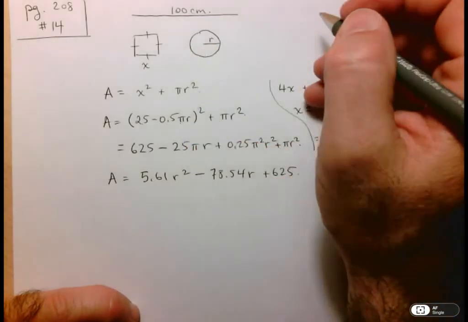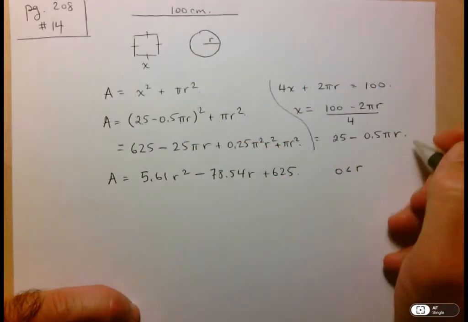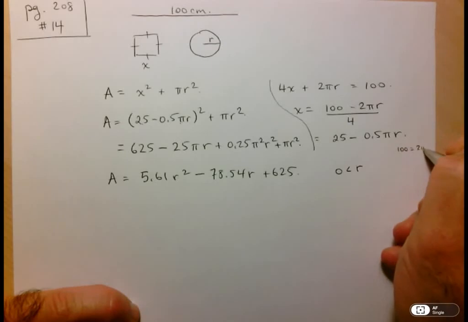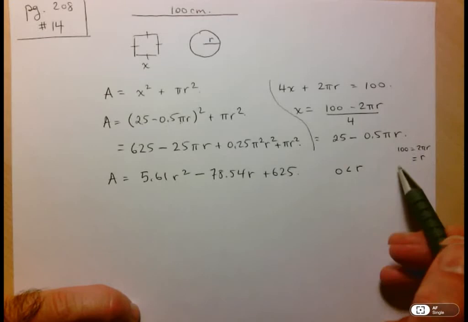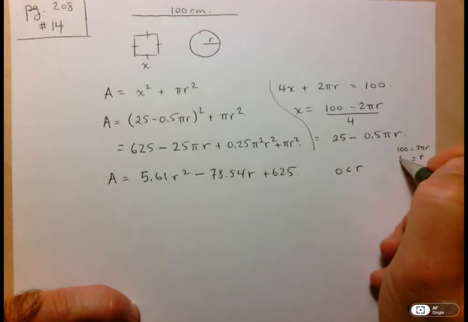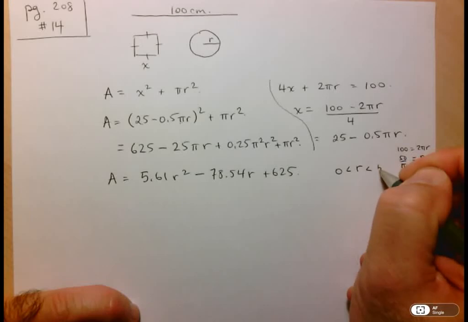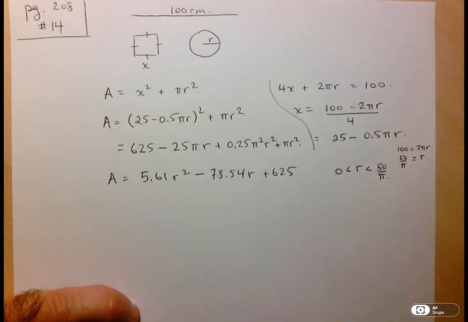So 100 equals 2 pi r, which means r would be 100 divided by 2 pi, so 50 over pi. That would be the upper bound.